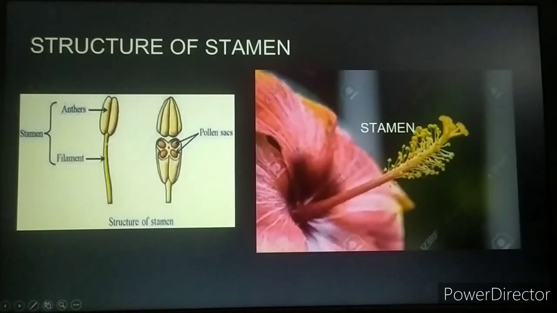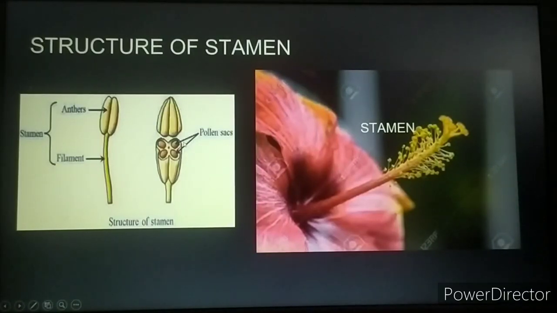Each anther has two pollen sacs, as you can see here in the dissected part. It is showing two pollen sacs which are filled with pollen grains.